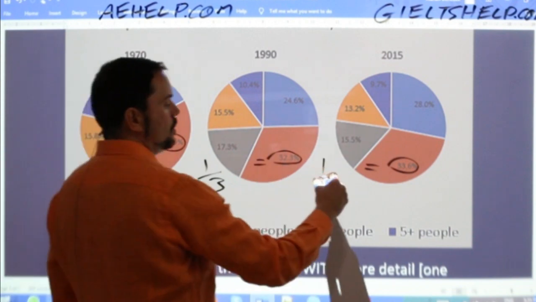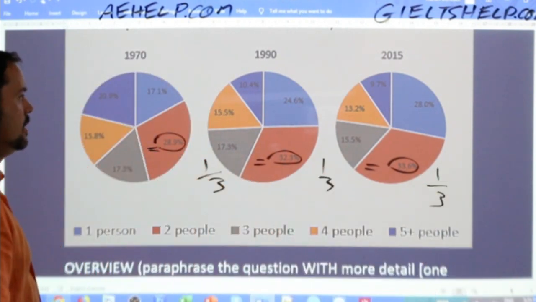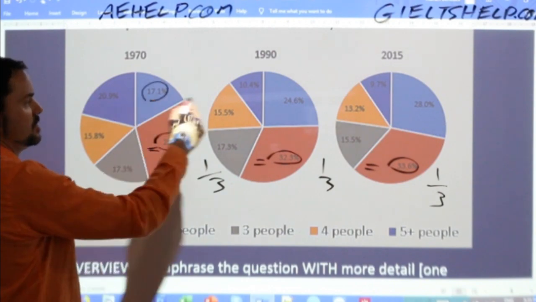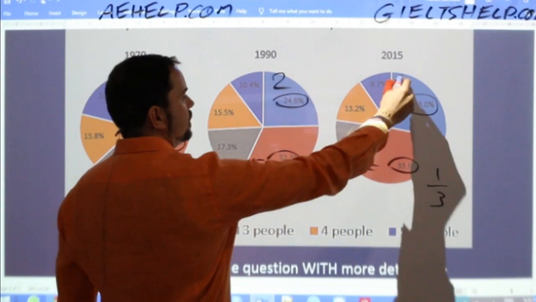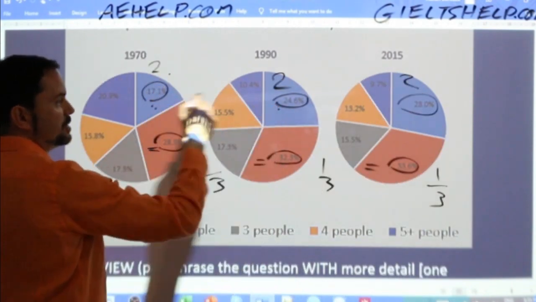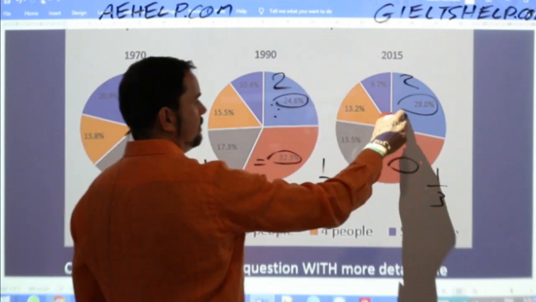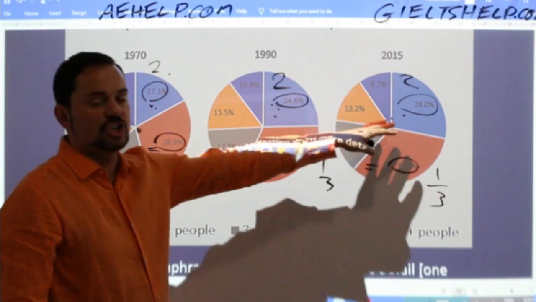Because in my second point of comparison, there's a clear change in the percentage, okay? So I want to report numbers when there's change.